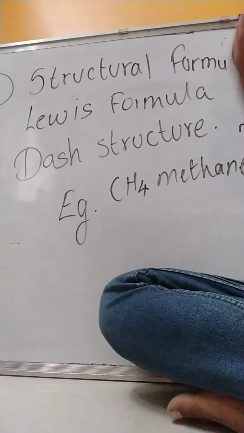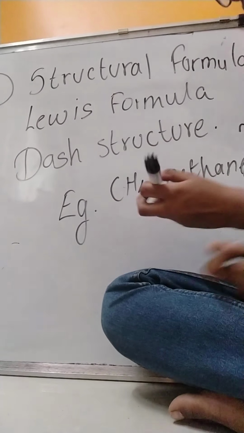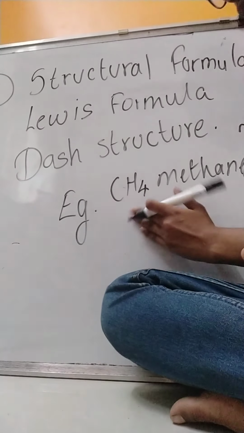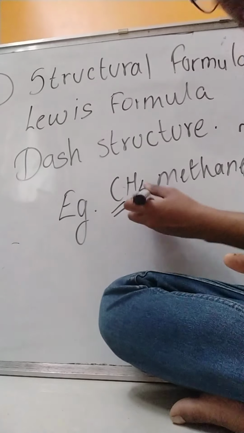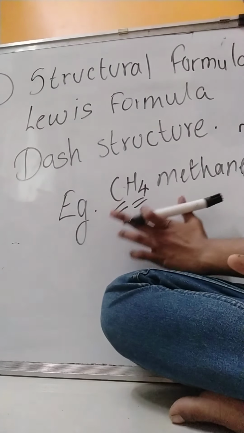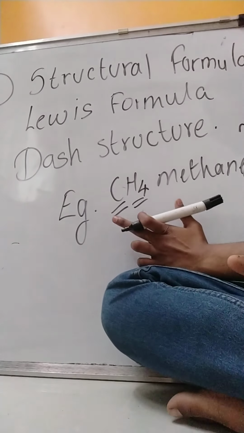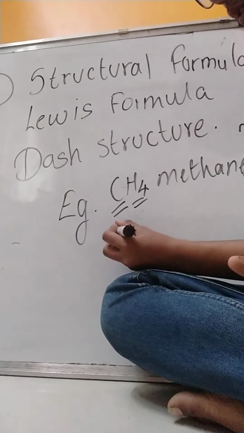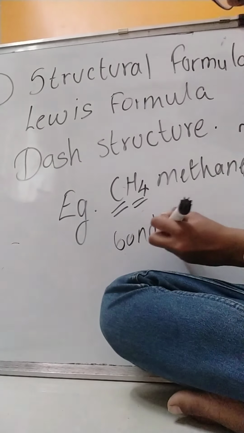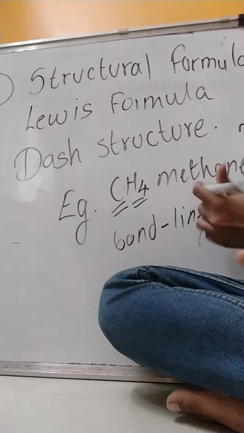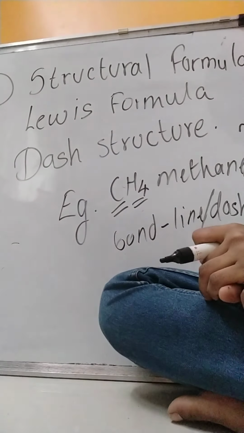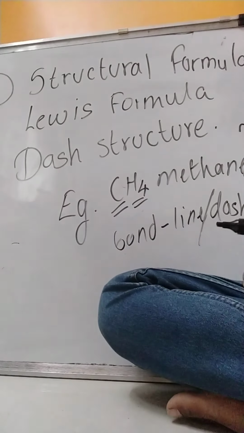The symbols are carbon C and hydrogen H. Then we represent their bond with a line or a dash. That is why it is called a dash formula, dash structure.